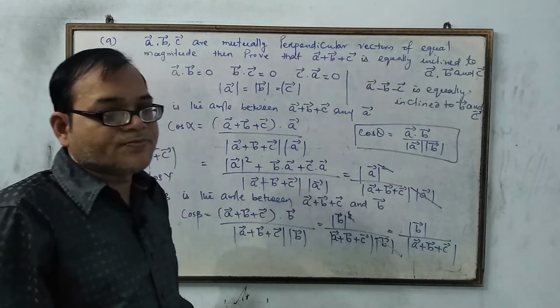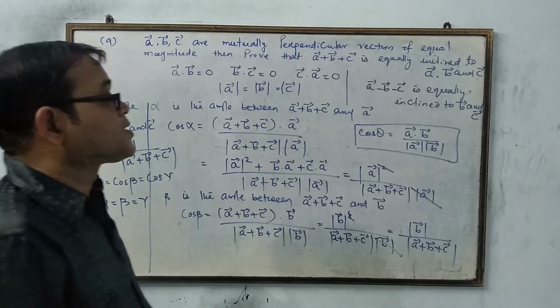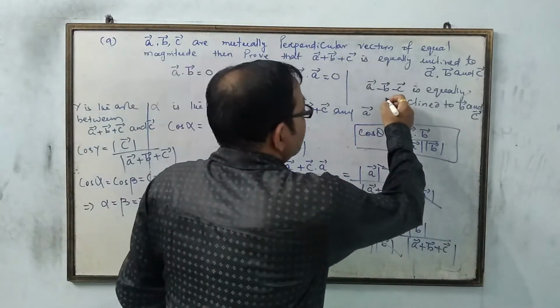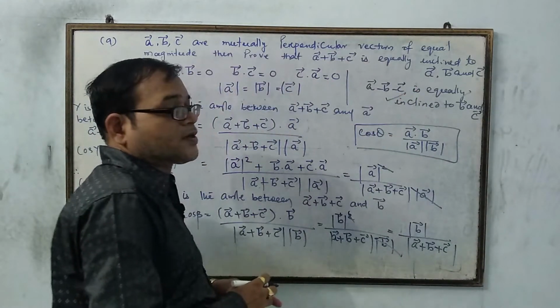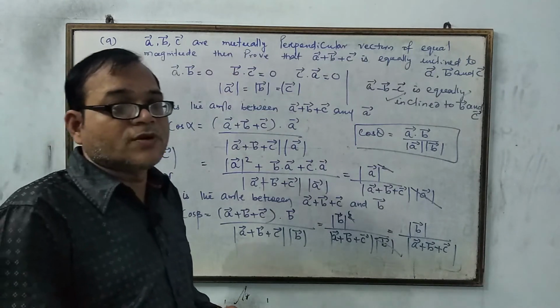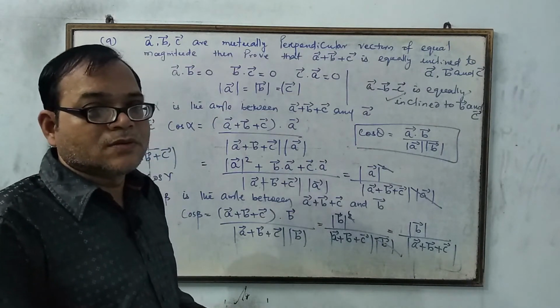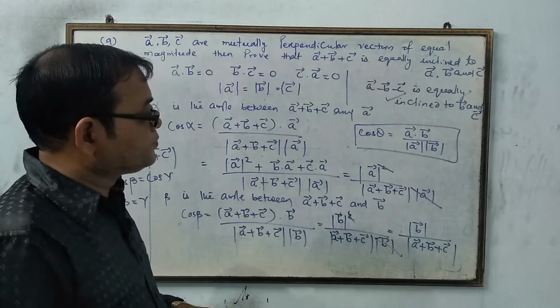Your answer will be yes: A minus B minus C is equally inclined to vector B and vector C. This is an important question for 12th class students. Note it.